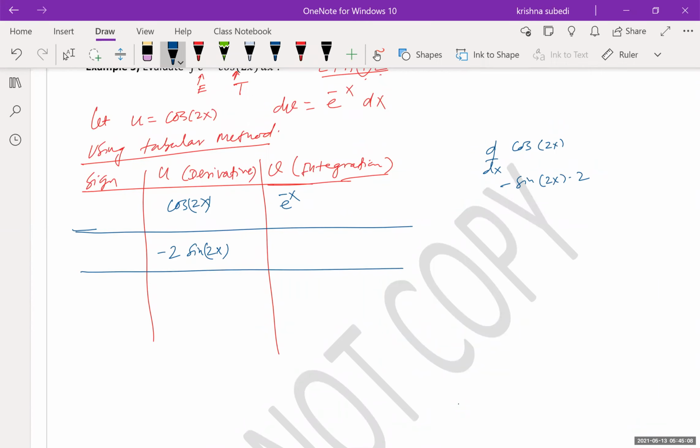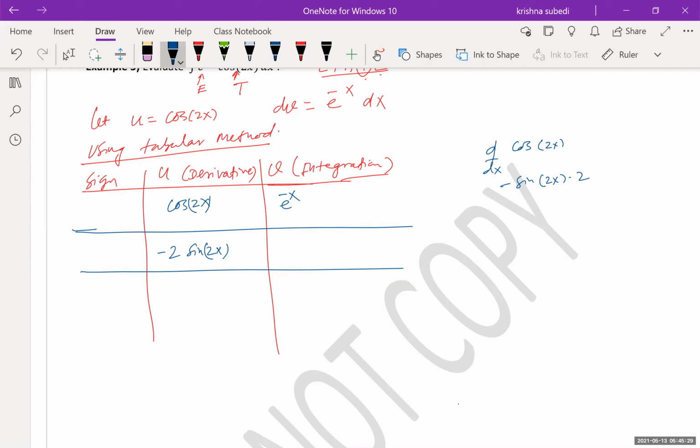Now remember, no matter how many times you differentiate, this function is not going to be 0. Now the question is, when do we stop differentiating? Whenever you see the exact same function repeat, then you can stop there.